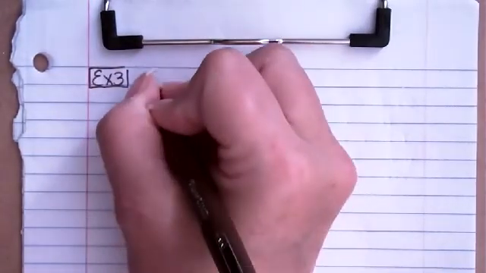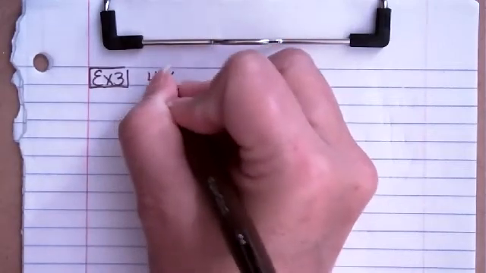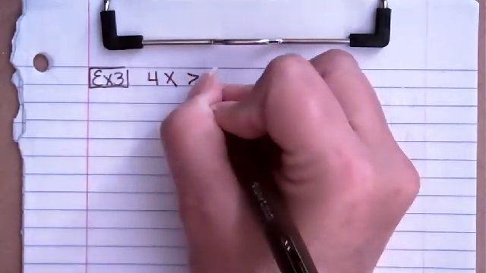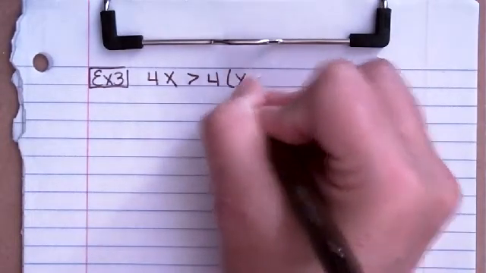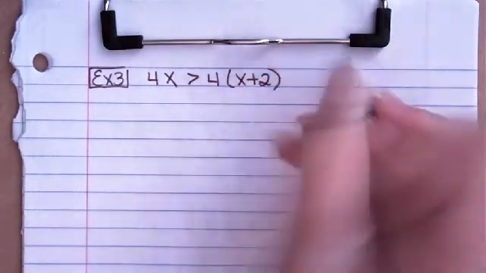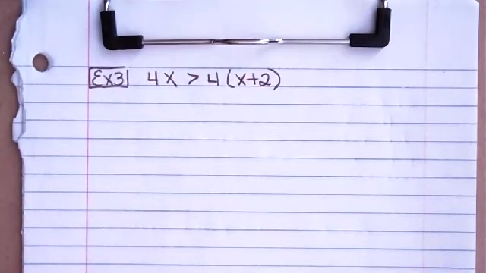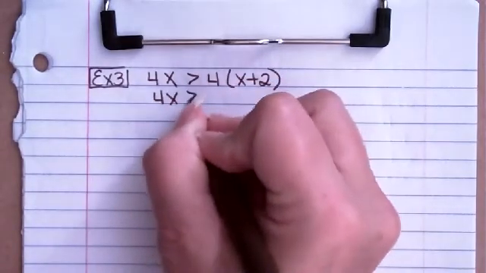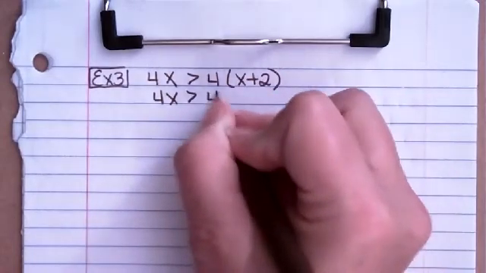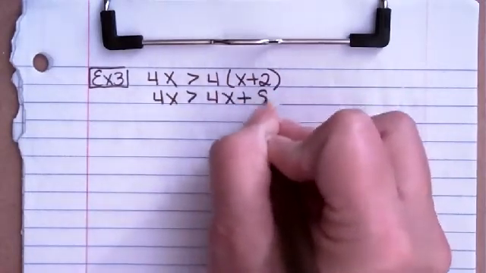Okay, example 3 is not as complicated. It is 4x greater than 4 parentheses x plus 2. Okay, now let's go ahead and start solving. First thing we need to do is the distributive property, right? So just keep my 4x here, greater than, over here it's going to be 4x plus 8.